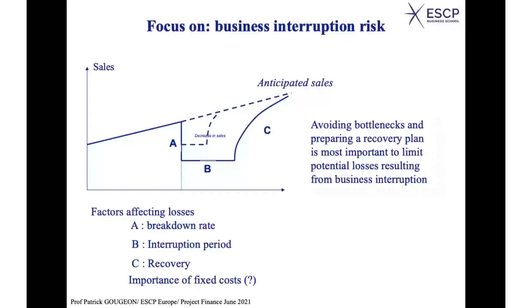Well, so what are the solutions? One of the solutions is the contingent business interruption policy. Okay, and I give you here a reference if you want to know more about it.